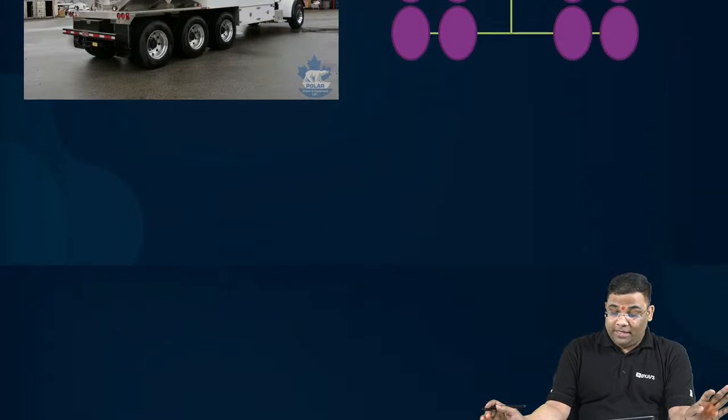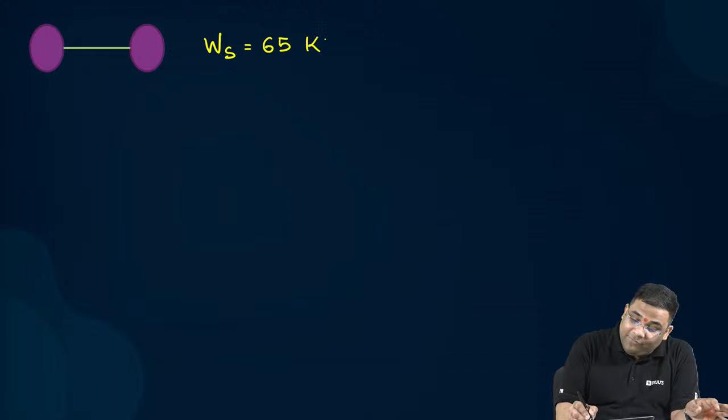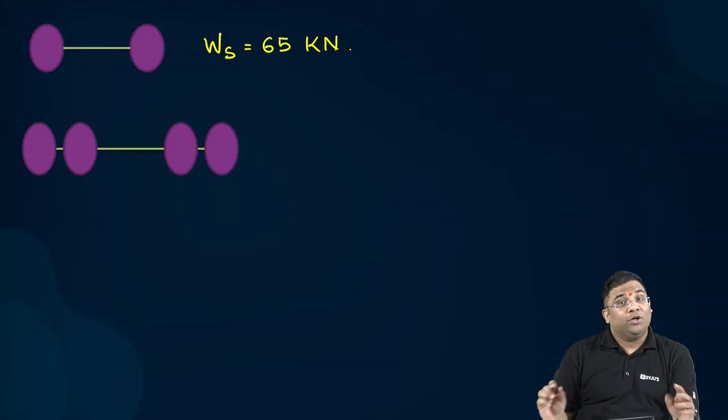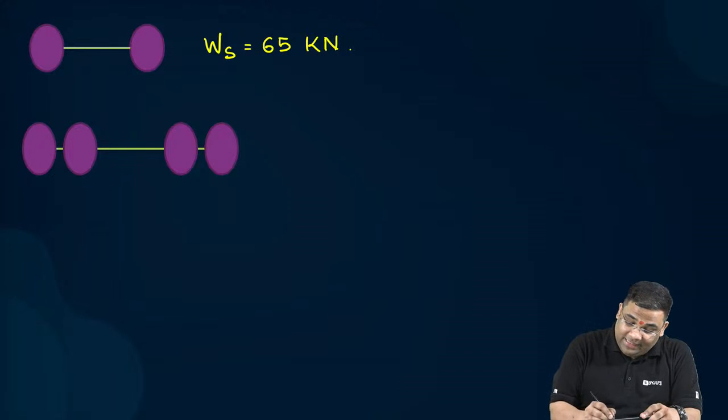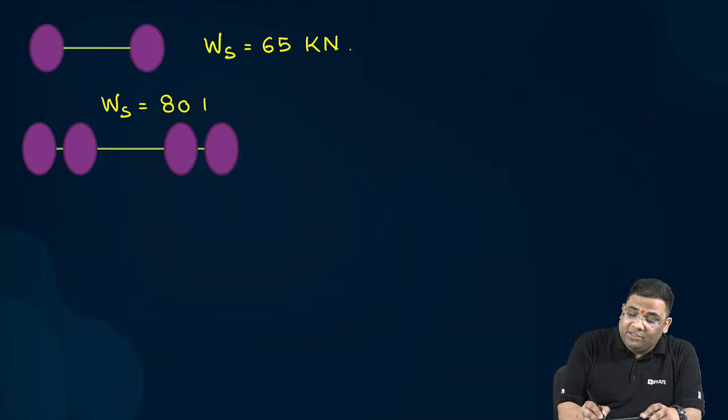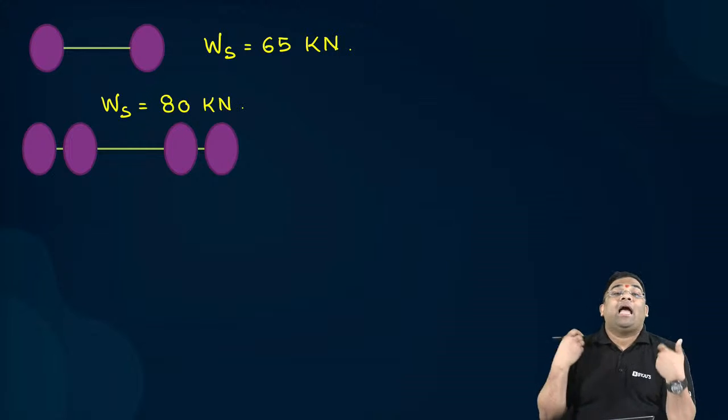If I summarize: first, single axle, single wheel, the standard axle load is 65 kilonewton. Then single axle but dual wheel on either side, the standard axle load is 80. Many students might know this, but I'm assuming that you don't.